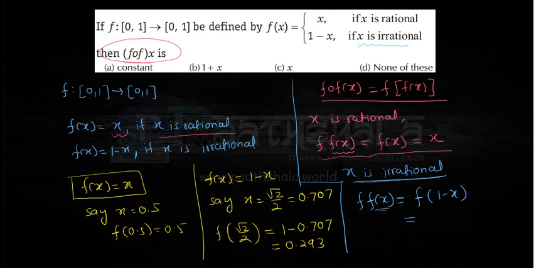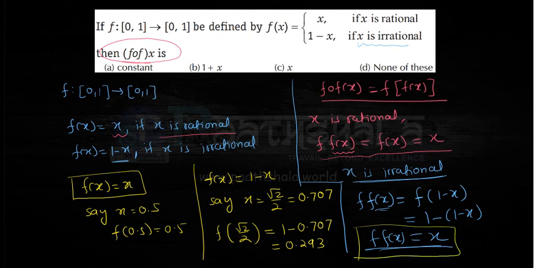So let's put this 1 minus x in place of x. We will get 1 minus (1 minus x), so that is x only. So for irrational input as well, we get f of f of x is equal to x only.